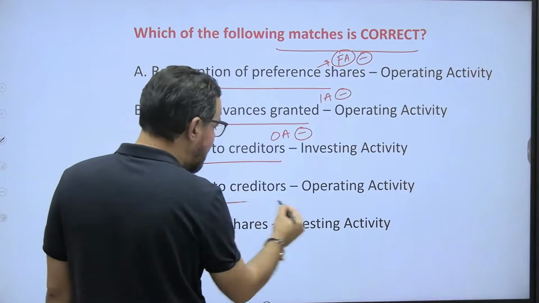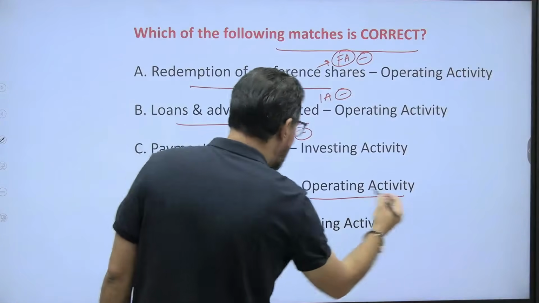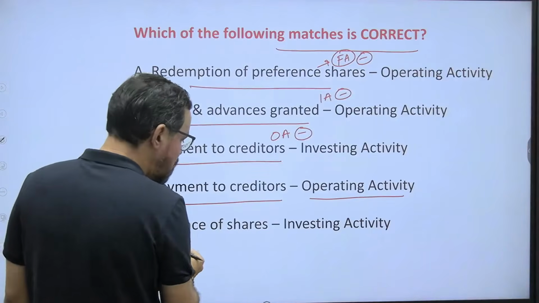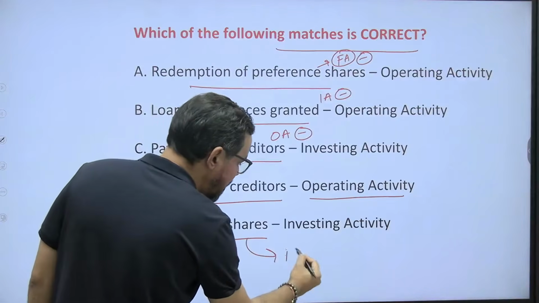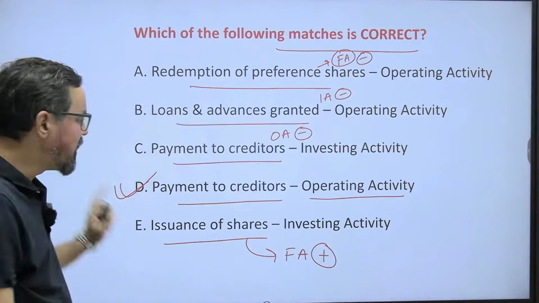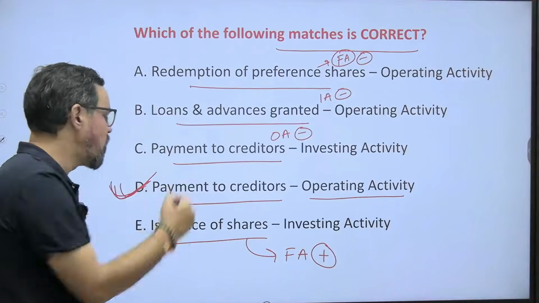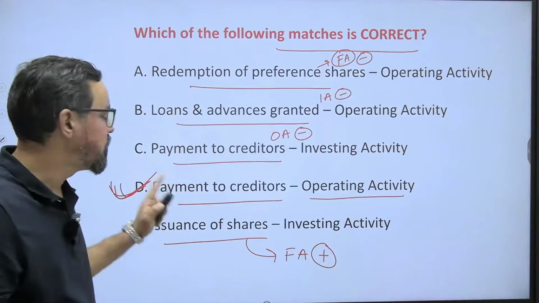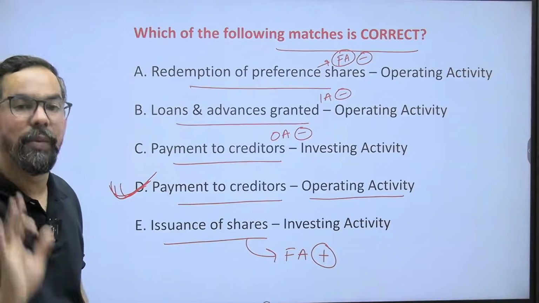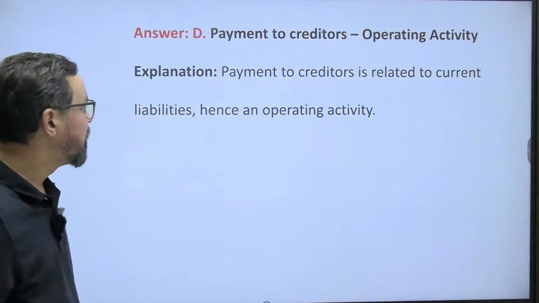Yes, true. Issuance of shares is financing activity and inflow, right? So this is the one. The correct match out of the 5 options is option D, payment to creditors, which is an outflow from operating activities. So D will be the right answer.